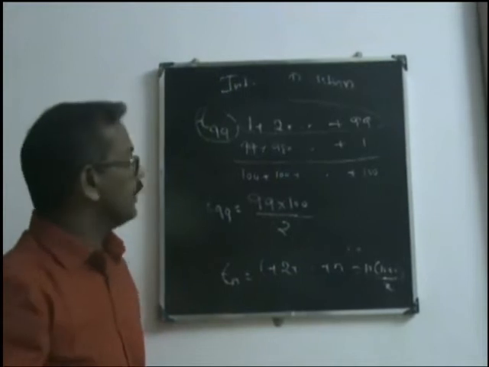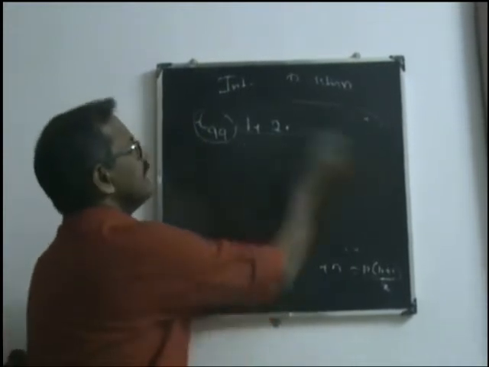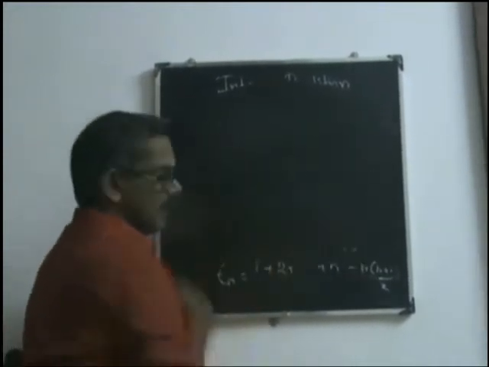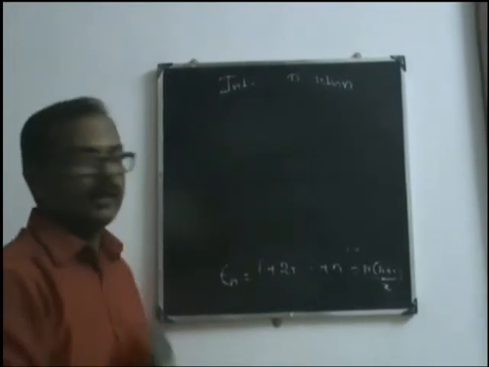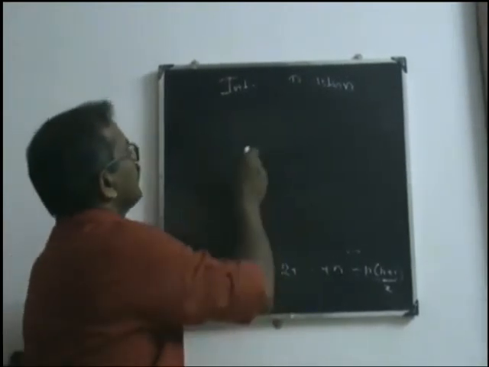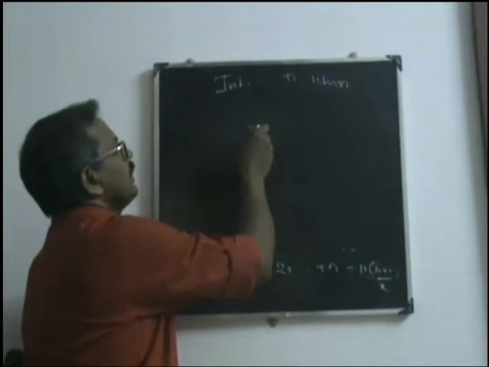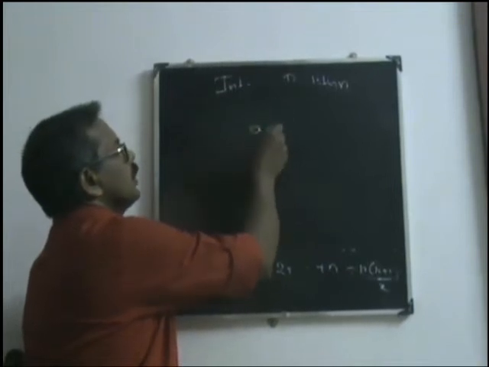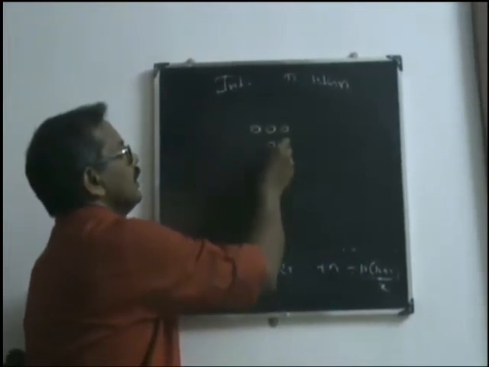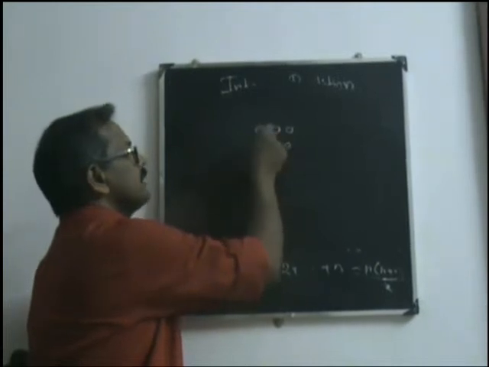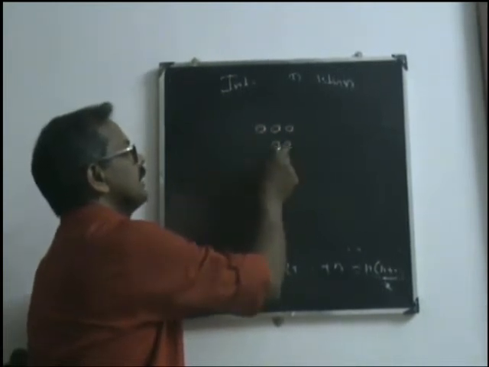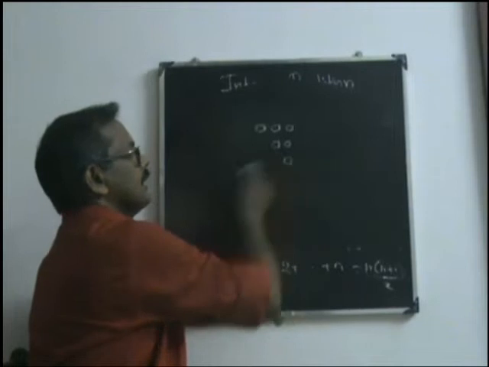Now we can find the relationship between the triangle numbers and the square numbers. First we take a triangle number, like T3. So 3 dots, which we can represent by circles: 3 circles, then 2 circles, then 1 circle.